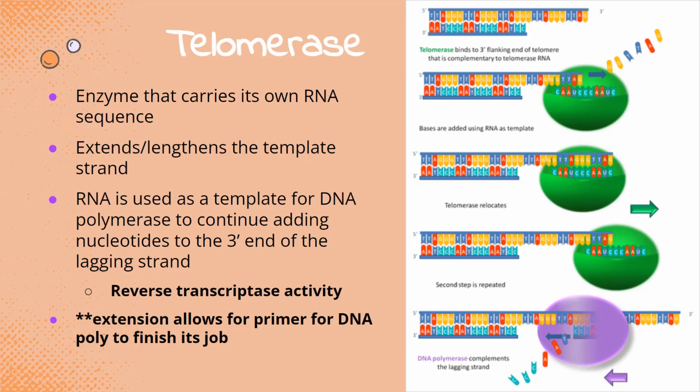So the 3' end is filled all the way to the brim, but because polymerase can't synthesize de novo, it can't just add without a primer, it can't lodge in, and so it just can't polymerize in the right direction. And so telomerase goes in at the end, extends that region so that polymerase can go on and bind and finish filling the gap.